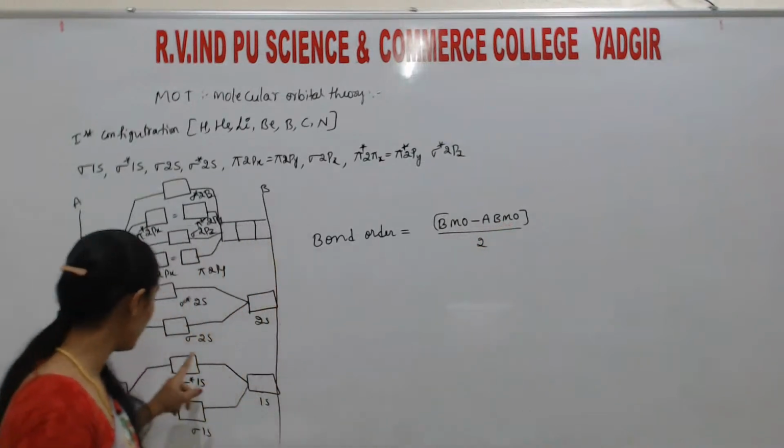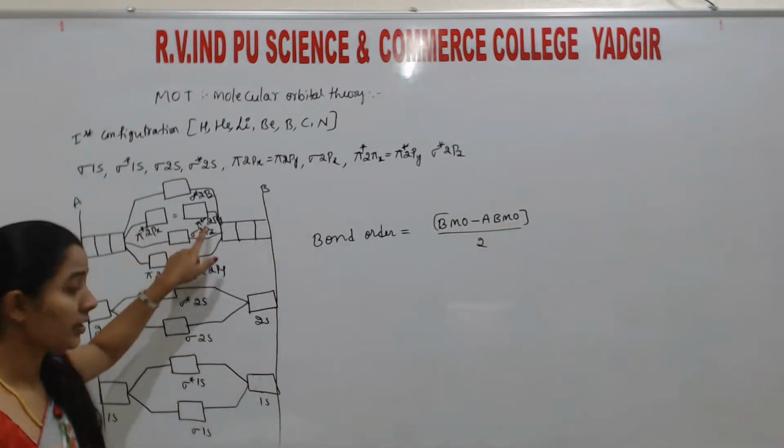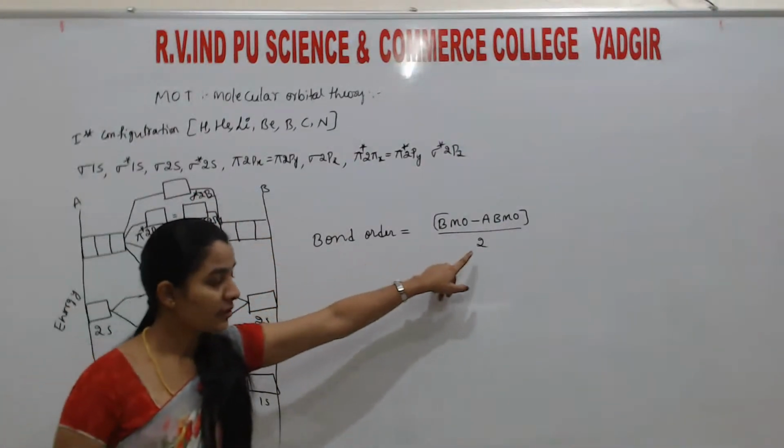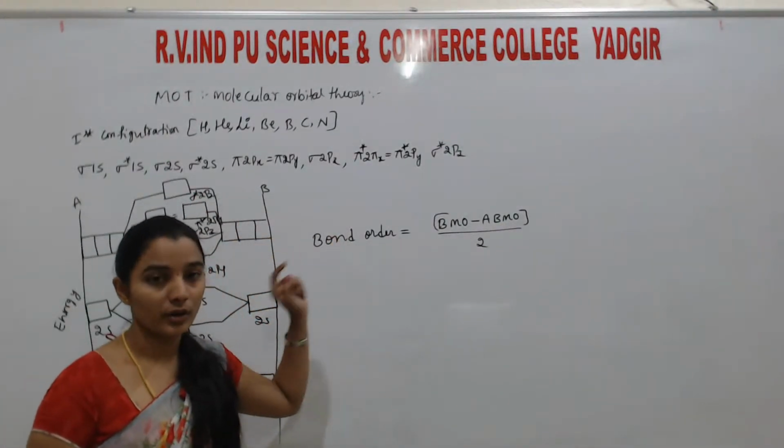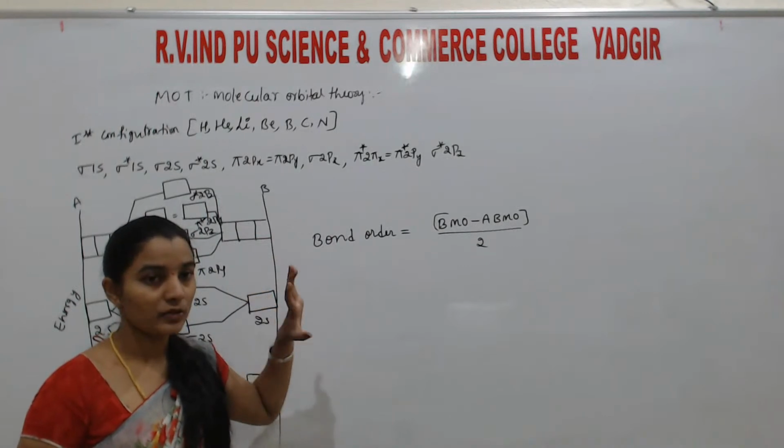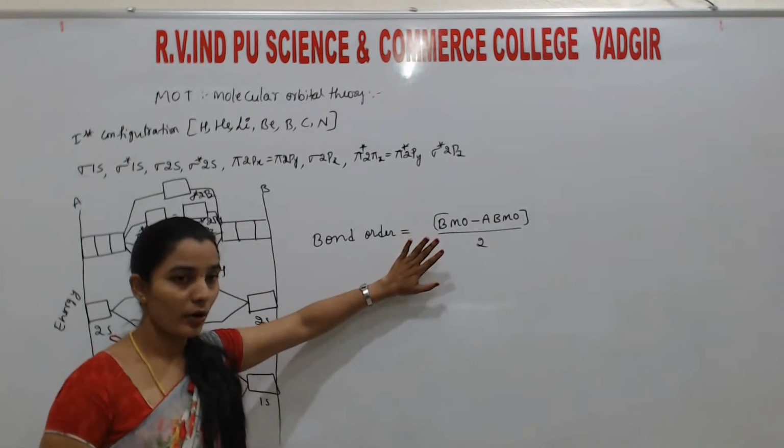Anti-bonding molecular orbitals are the ones written with stars. That will give the bond order. Understood? This is how to calculate bond order.